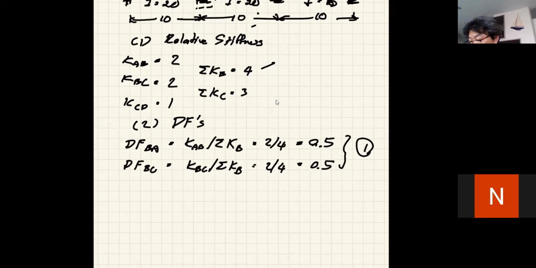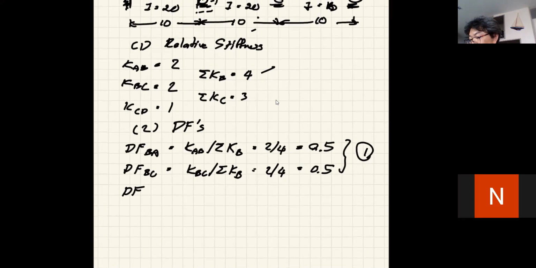Okay. Next is distribution factor CB first. So it's KCB, which is KBC, over sigma KC now, so it's 2/3, right?